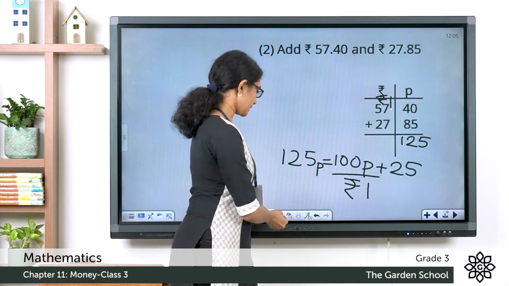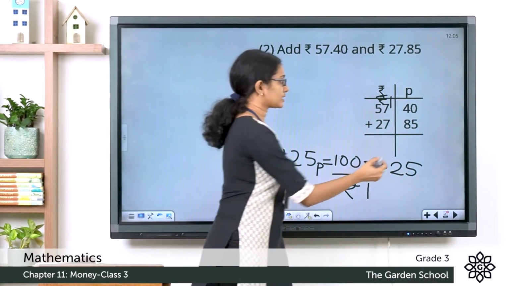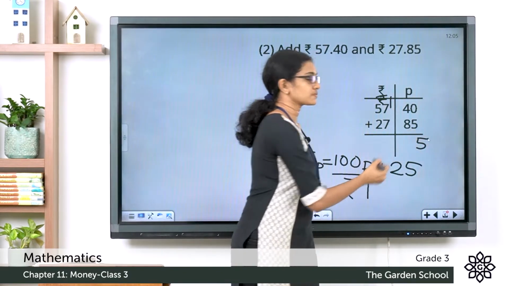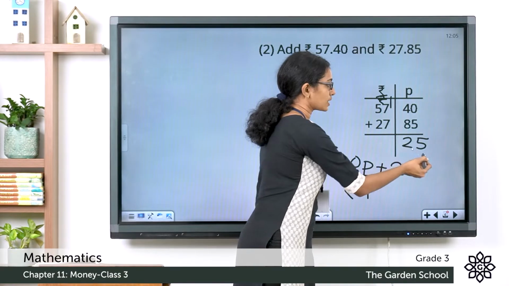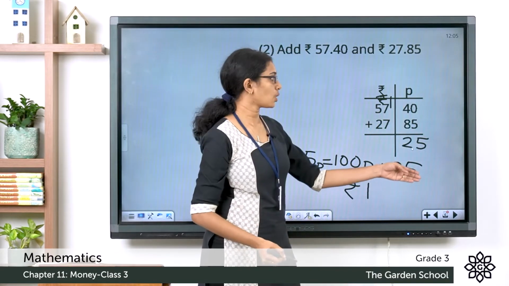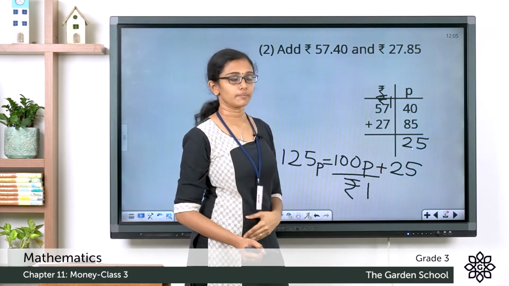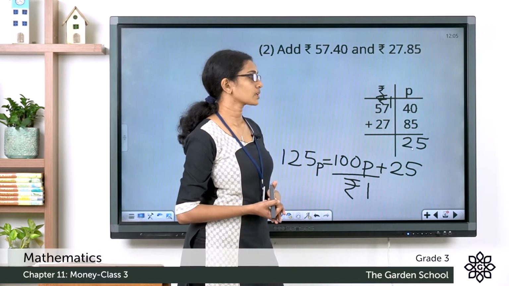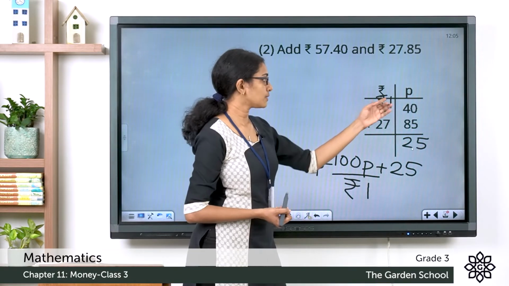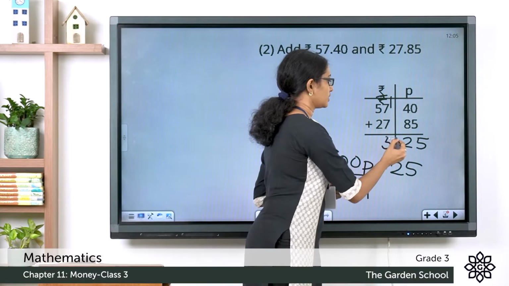Let me rewrite this sum here. In the paise column it is 8 plus 4 which is equal to 12. We write the 2 here, which means we are writing the 25 paise here and carrying over the 1 rupee, or the 100 paise, to the rupee column. Now in the rupee column we have 7 plus 7 which is equal to 14, plus this 1 rupee which is equal to 15.